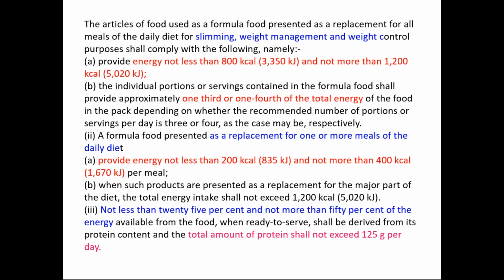So here the calorie intake is restricted to about 1,200. And in these foods, because protein will be more, it says, of course, that the protein content of the food cannot exceed 125 grams per day, because if it exceeds 125 grams, there will be a load on the kidney.